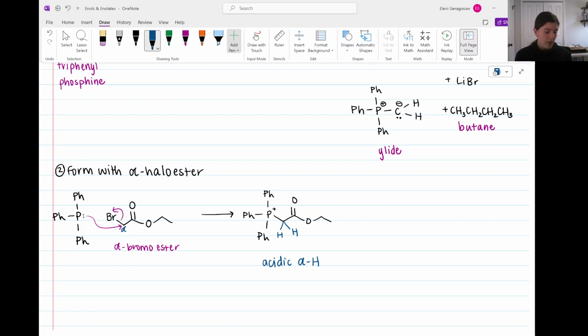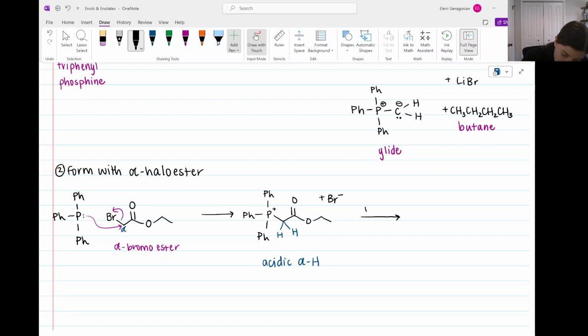So the benefit of using an alpha haloester is that you do not need to use the strong and dangerous base butyllithium. These are more acidic, so a weaker base can be used than butyllithium. Something like sodium hydroxide can be used.